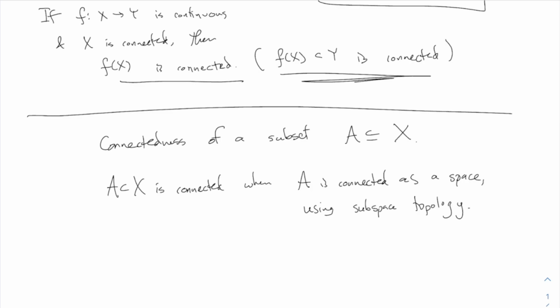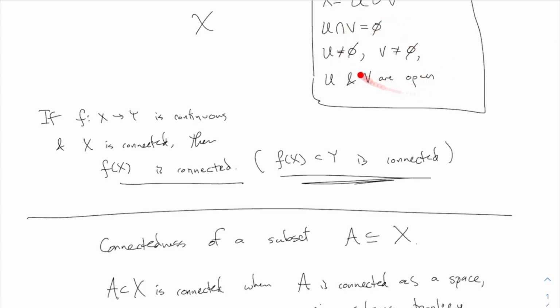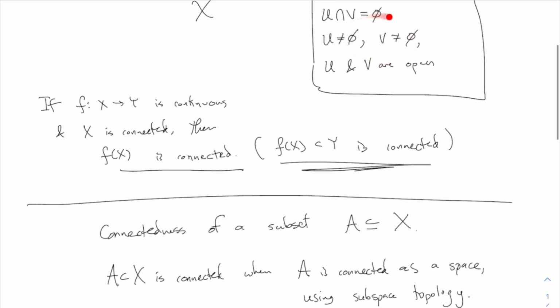All right. This is a little unwieldy to think through. What exactly does it mean if I'm using these properties up here that define a separation? What exactly do they look like if I'm talking about something using the subspace topology? This is just the sort of slight detail that we need to discuss.